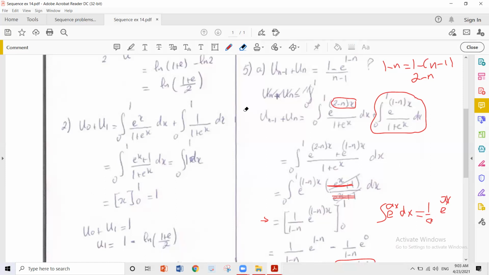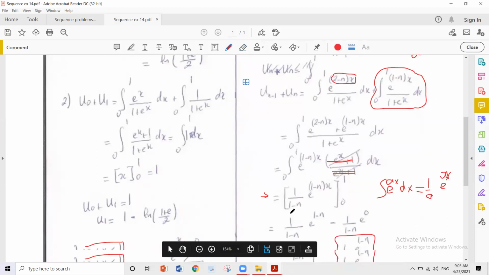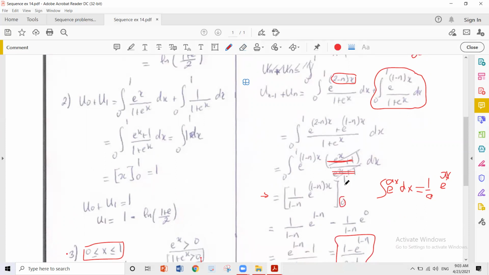So here the integral of e to the 1 minus n x becomes 1 over 1 minus n e to the 1 minus n x between 0 and 1.